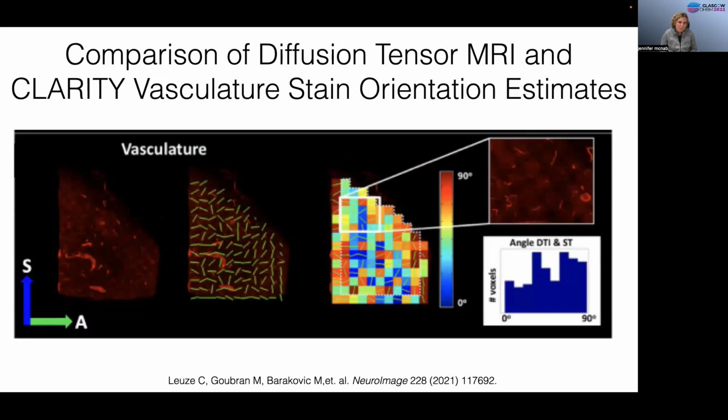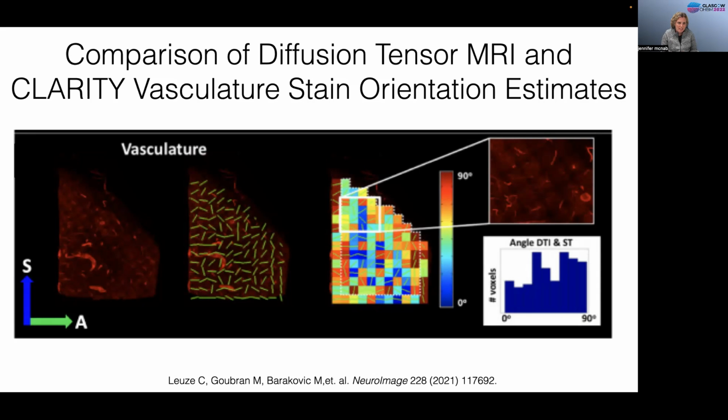We also looked at a comparison of diffusion tensor orientation estimates and orientation estimates in the Cleari using structure tensor, but on the vascular, the Cleari data that shows the vasculature rather than the neurofilaments. And this was interesting because there's been some open questions about whether the vasculature contributes at all to some of the white matter orientation estimates that we get with diffusion.